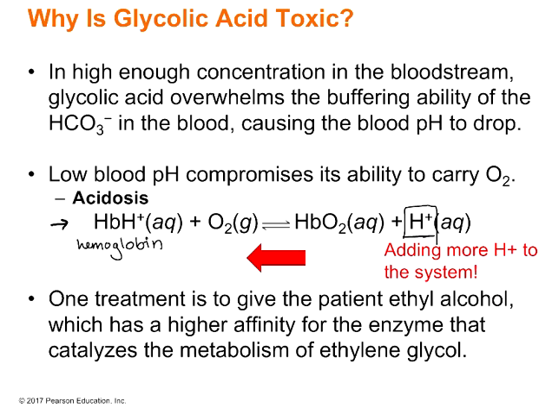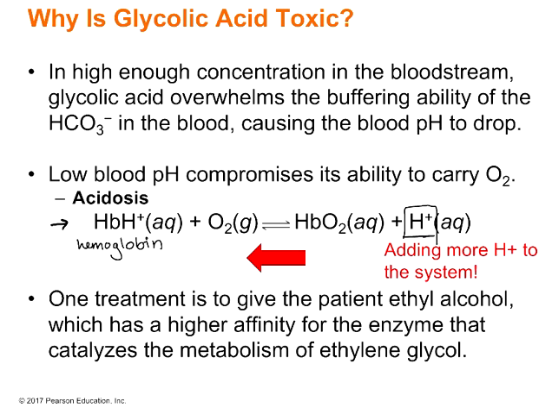Now, luckily, there is a treatment for this, for glycolic acid here. One treatment is to give the patient ethyl alcohol, which is ethanol. So ethanol is in alcoholic beverages, and it has a higher affinity for that enzyme that metabolizes ethylene glycol.